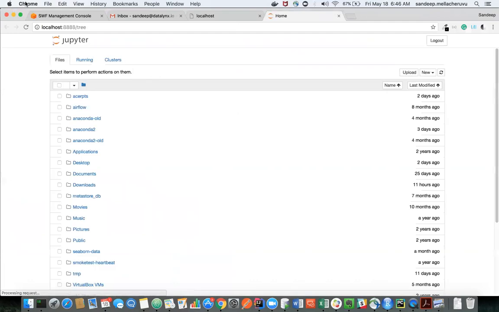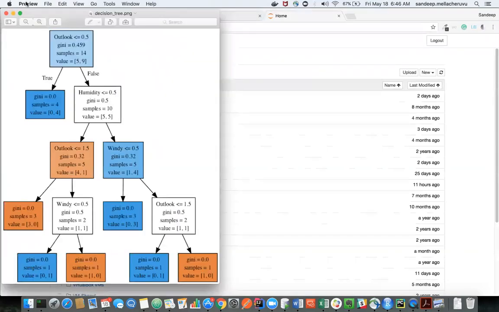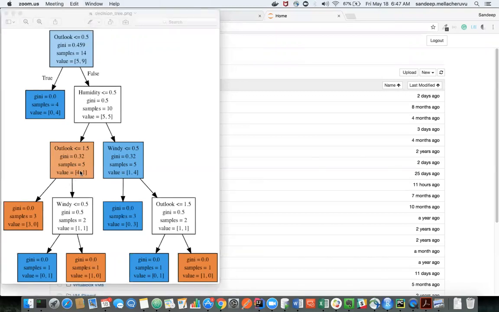tree. Now, how does this tree tell us how to classify? So given any data, I want to predict whether my data is of class A or class B or class C, any of the classes.